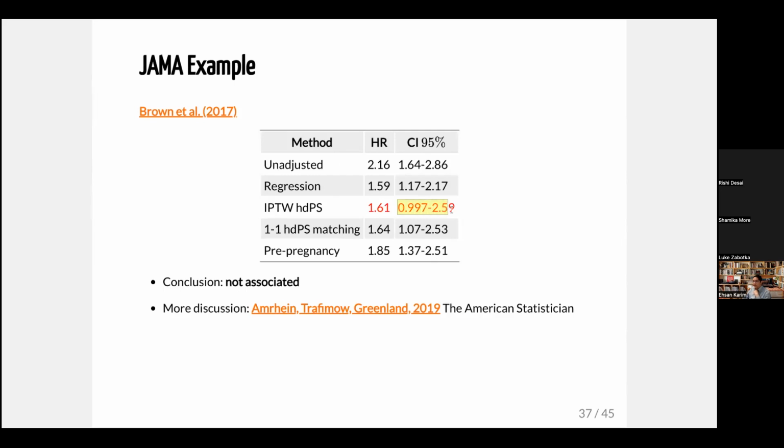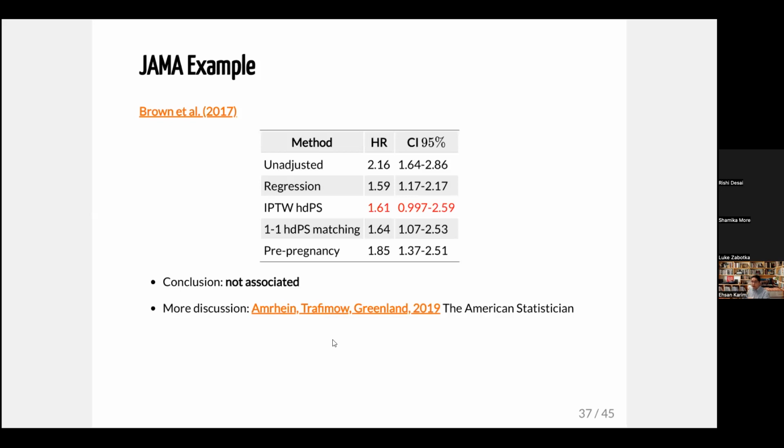But since the confidence interval included 1, and there were these 3 decimal points included here, they decided that there was no association, and this created some outrage among statisticians. This is one of the papers that discussed the issue in detail.